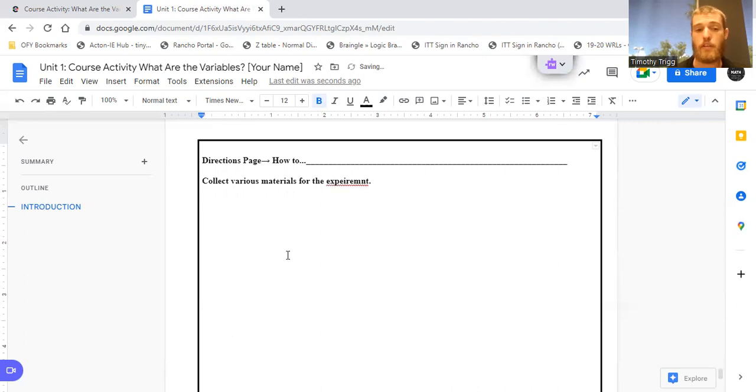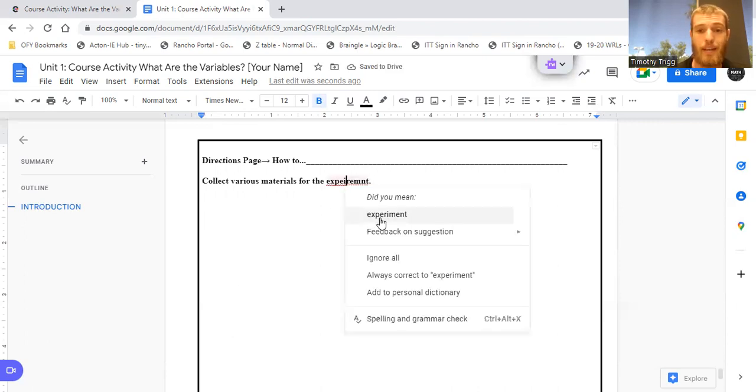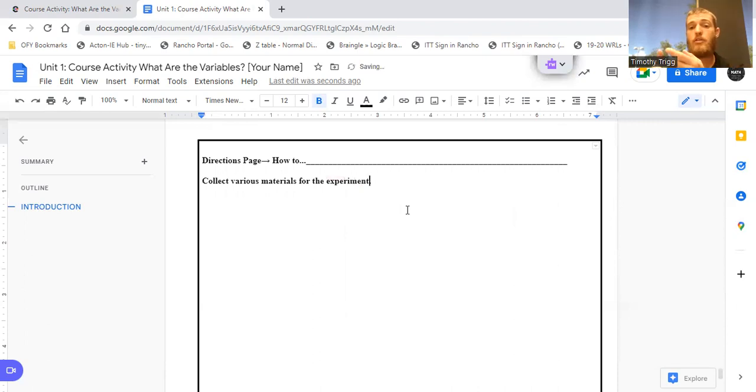I'm going to let you fill this out. What materials are we going to need? Again, we're going to need 2 leaves, and ideally you make the leaves of equal size. 2 leaves, 2 paper clips, 2 eggshells. Again, the eggshells want to be of the same size. And we're also going to need vinegar and perhaps some cups to put the experimental group in. Okay. So I want you to explain that there.